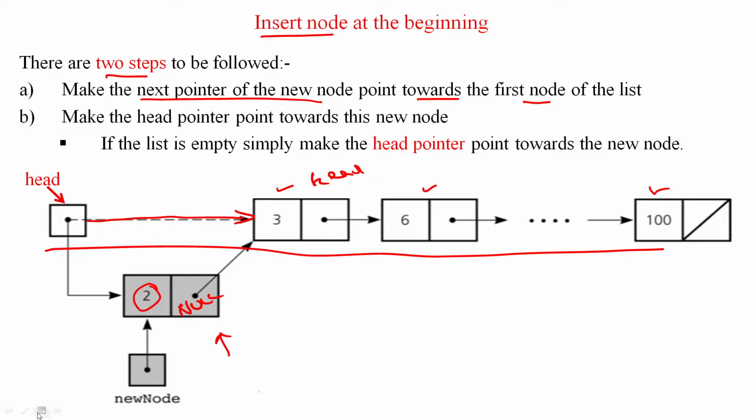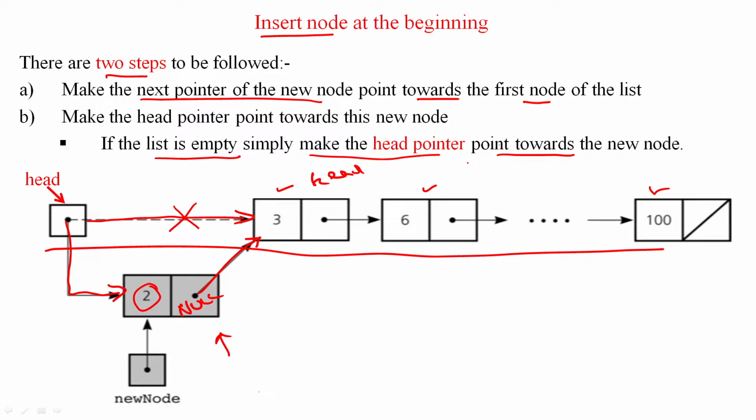So this pointer has to point to the current head node of the list, after which this link has to be broken. Then this link has to be created. The head pointer points to the first node. If the list is empty, simply make the head pointer point towards the new node.